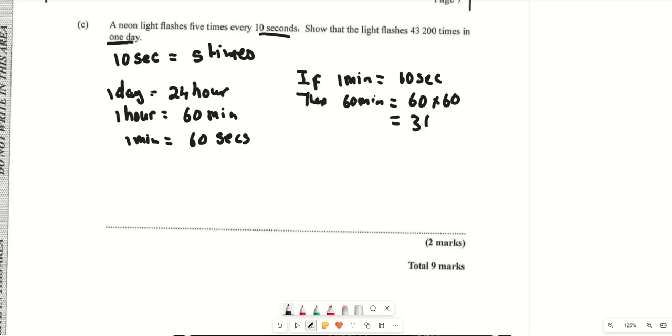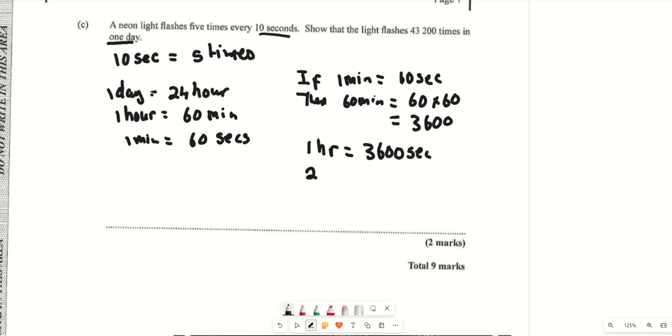All right. If 1 minute is equal to 60 seconds, then 60 minutes would be 60 multiplied by 60, which is equals to 3,600 seconds. So we know that 1 hour is equals to 3,600 seconds.